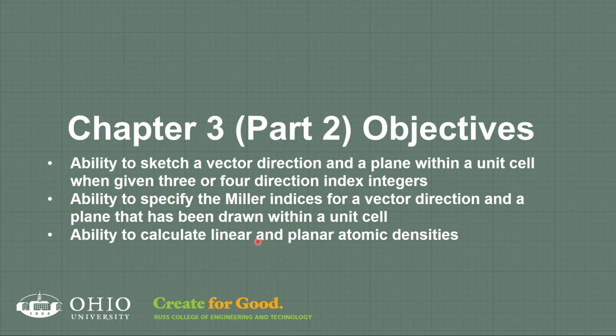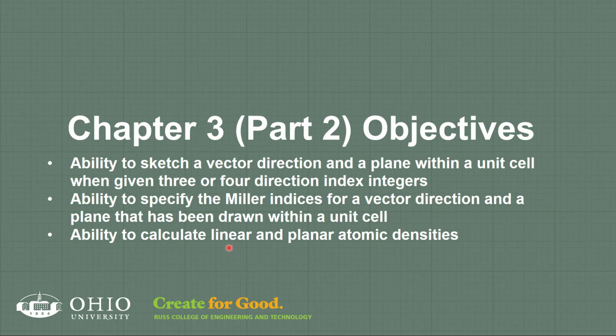And finally, one other objective will be to calculate linear and planar atomic densities. So just to give you a brief overview, in the previous lesson, we talked about atomic packing factors, and those were related to the volume of the unit cell.